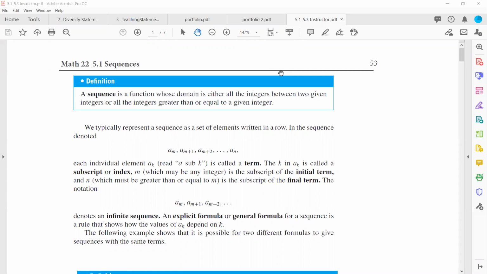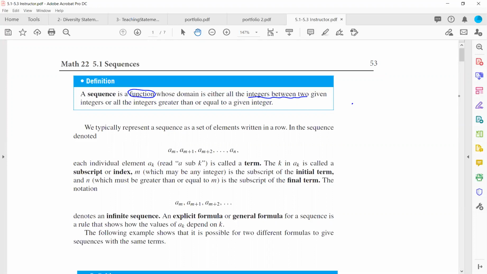First of all, a sequence is a function whose domain is either all integers between two given integers or all integers greater than or equal to a given integer.